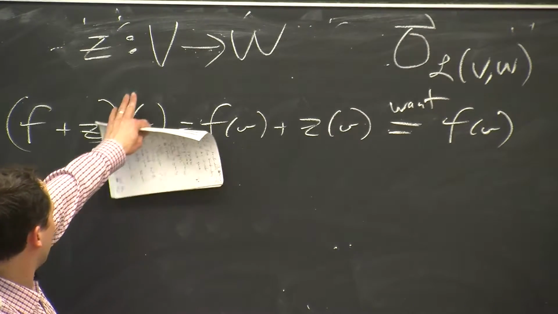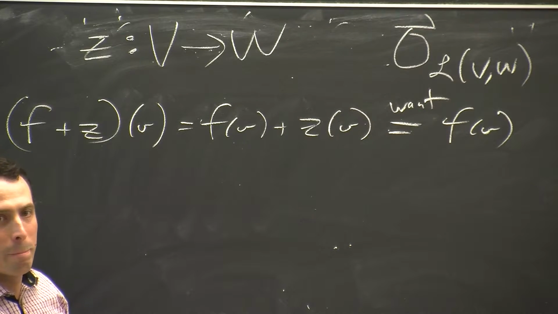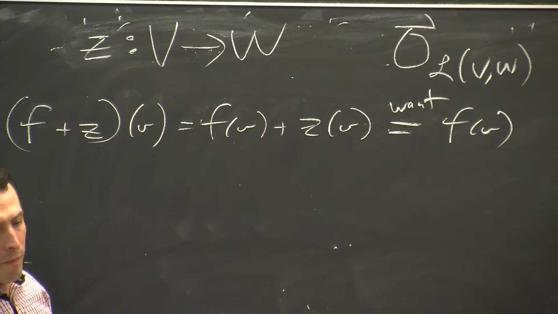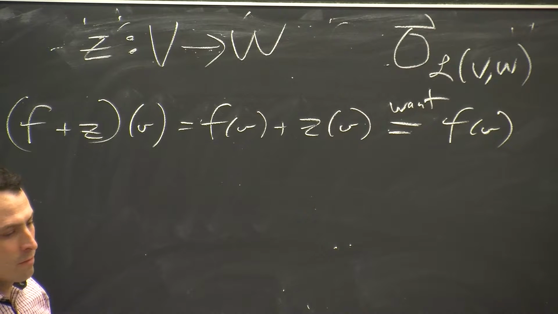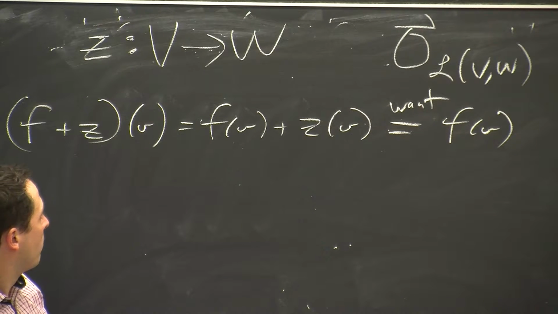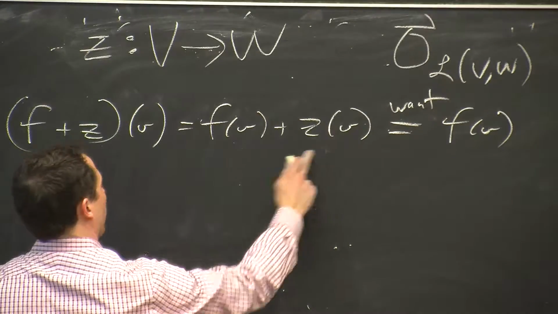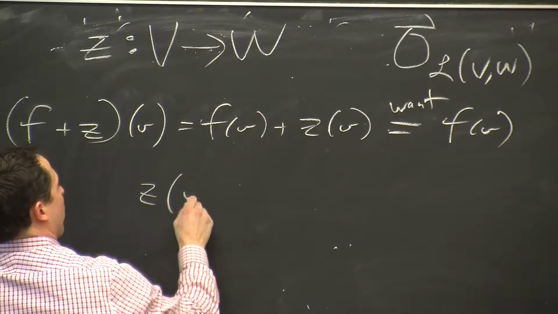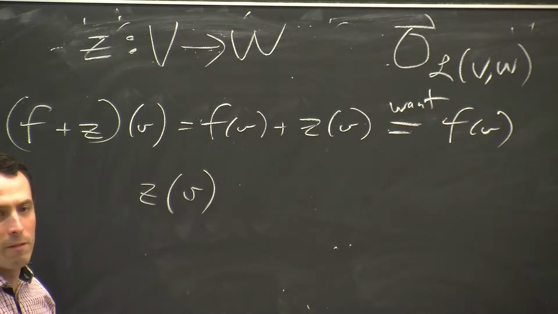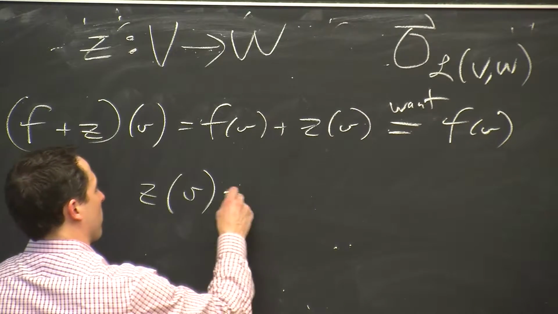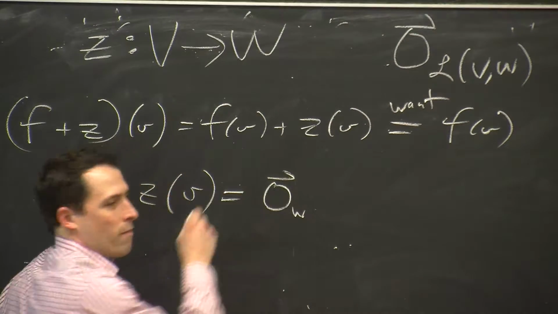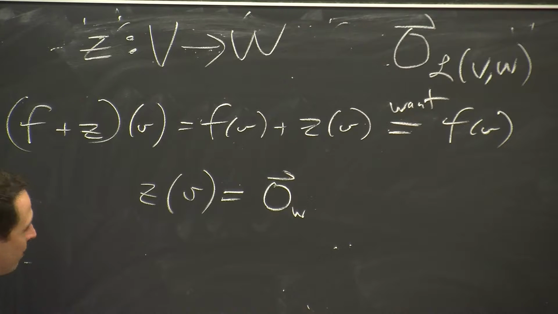So what should this function z be? If I give you a vector, what should z do to that vector? Take it to 0. It's a constant function. It sends every vector in V to 0.